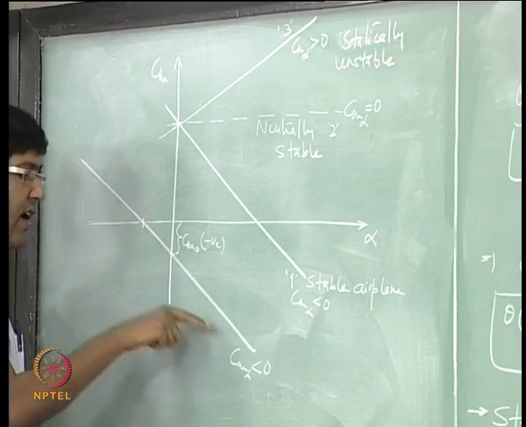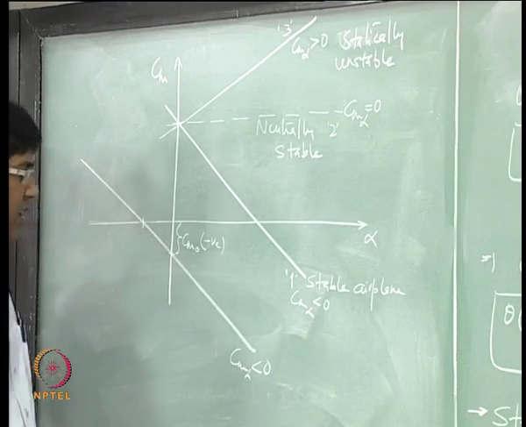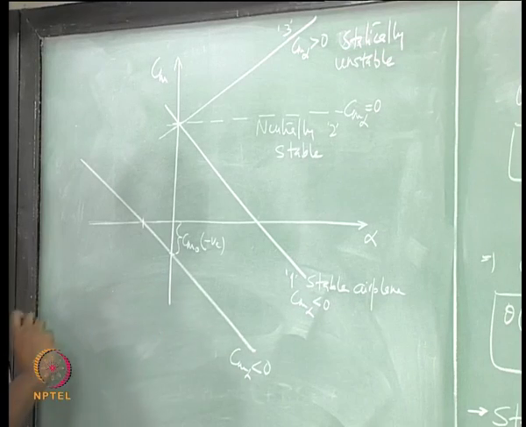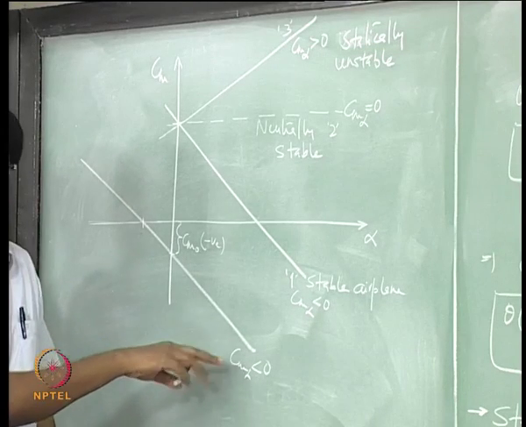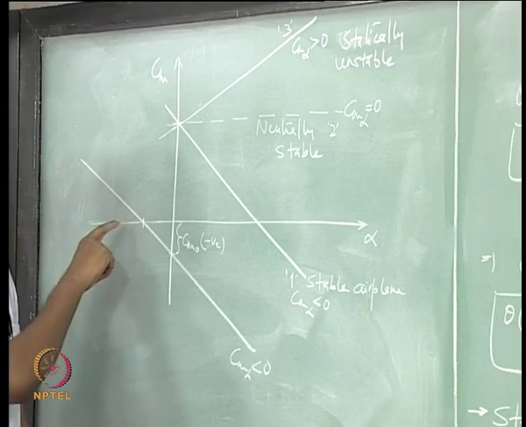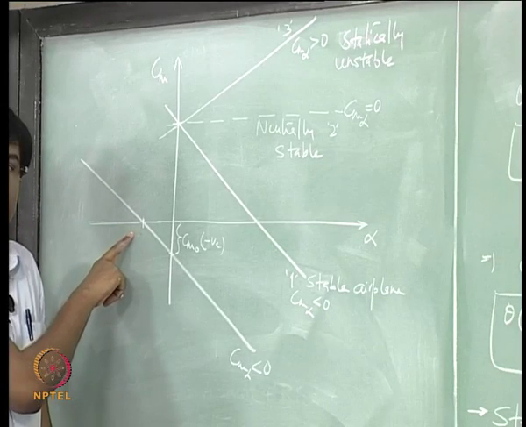Cm naught negative and Cm alpha less than 0, both negative, means that the aircraft is statically stable in pitch, but it can trim only at a negative angle of attack. Okay.